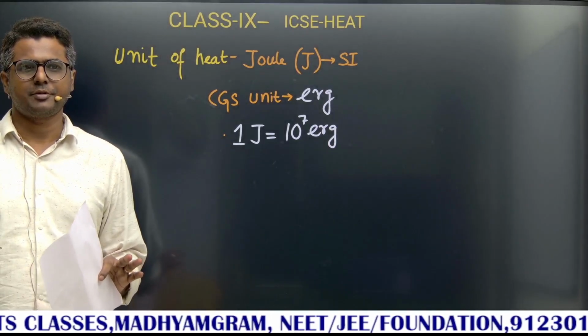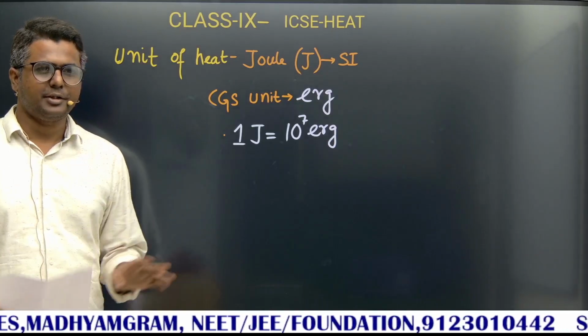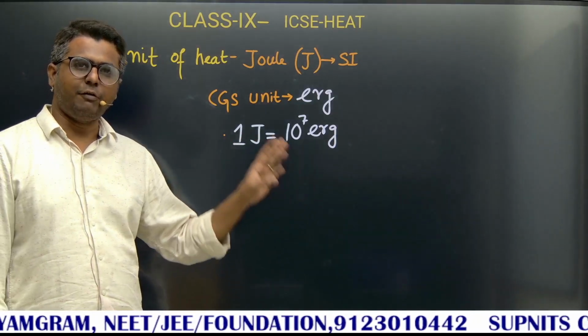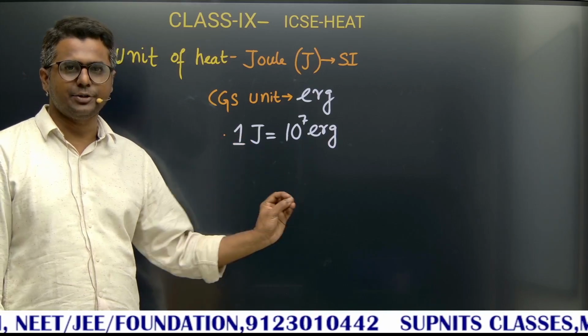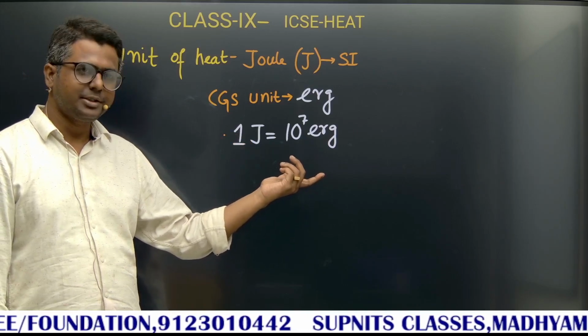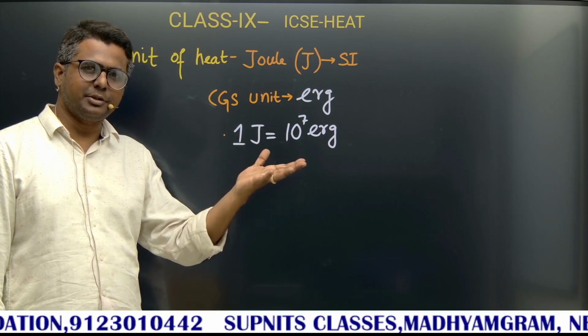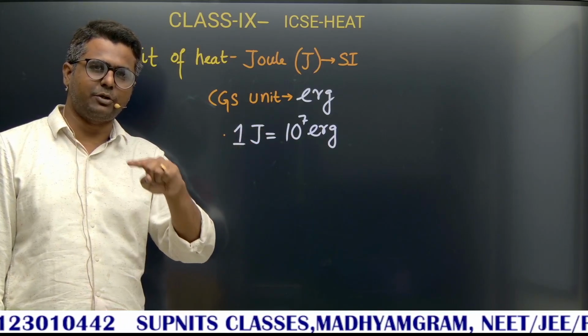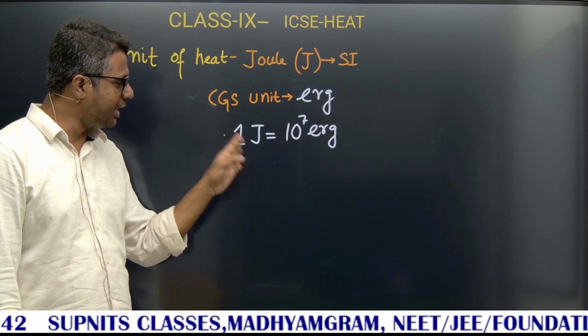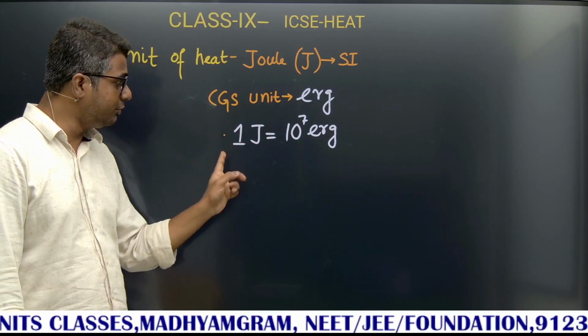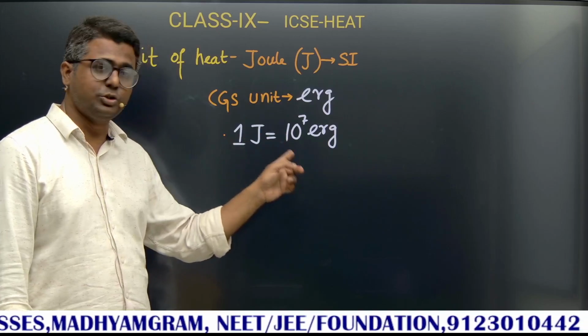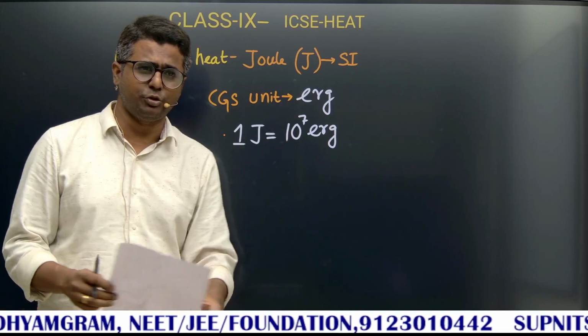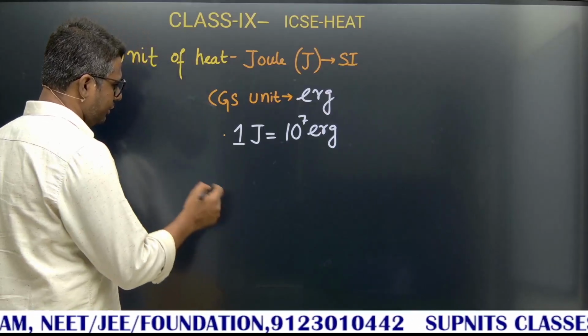Erg is a unit of energy which is a CGS unit, and this is the same as you are going to do in class 10th also in the chapter called work power energy. You will study about joule and erg. You also will study the interconversion between joule and erg, how it is done. I'll definitely show it to you. We are not going to leave anything unturned.